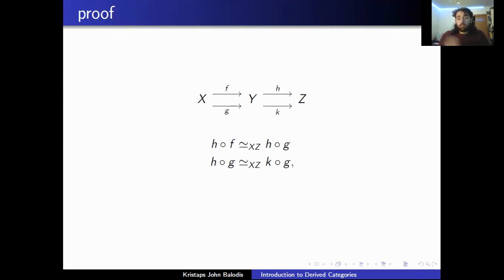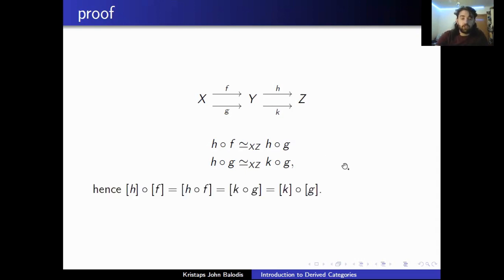Well, by our assumption, we know that we can post-compose maps and preserve equivalence conditions. So we get this first line here that HF is equivalent to HG. But we also know that we can pre-compose maps, again, by our assumption. So we know that HG is equivalent to KG. Well, now you simply stitch these together and you find that HF is equivalent to KG.